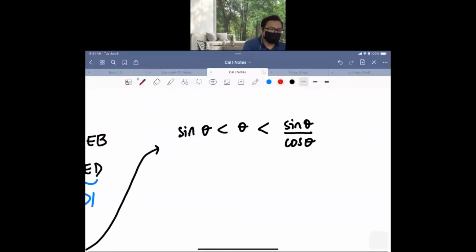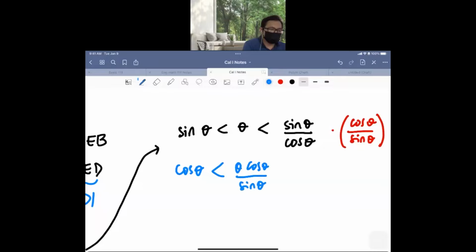And let's multiply with cos theta sine theta. So this will be cos theta, cos theta sine theta.